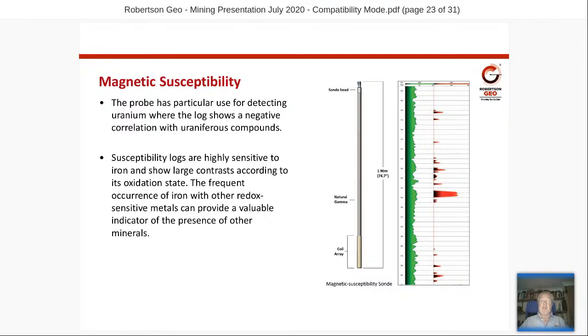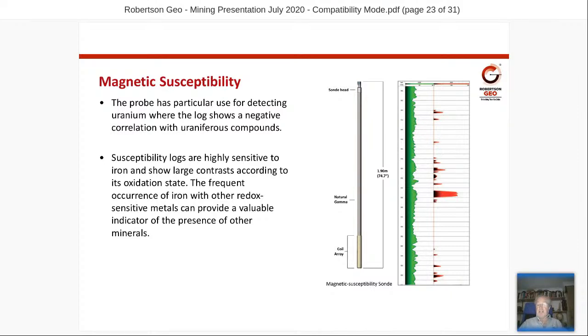Magnetic susceptibility. So this is a particular tool for use in detecting uranium, where the log shows a negative correlation with uraniferous compounds. The magnetic susceptibility tool is highly sensitive to iron and shows large contrasts in its oxidation state.